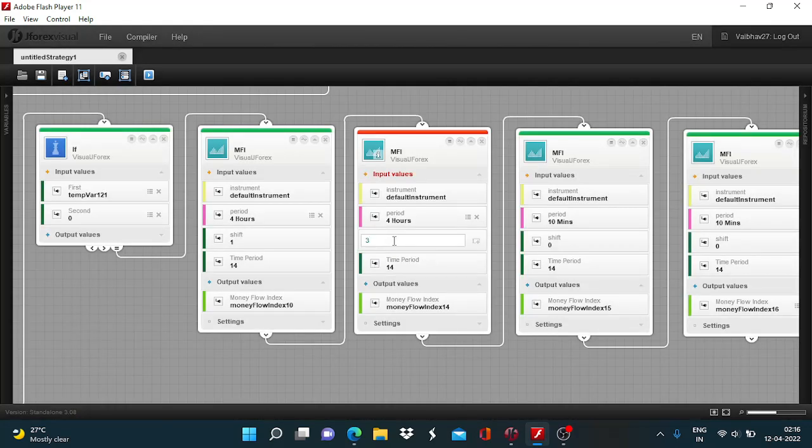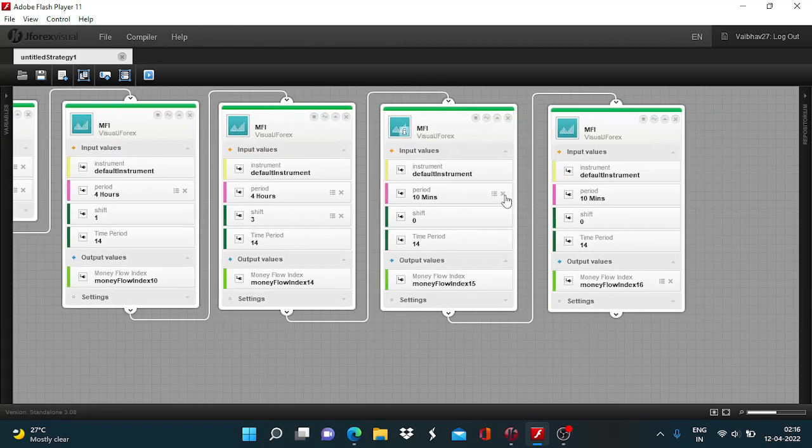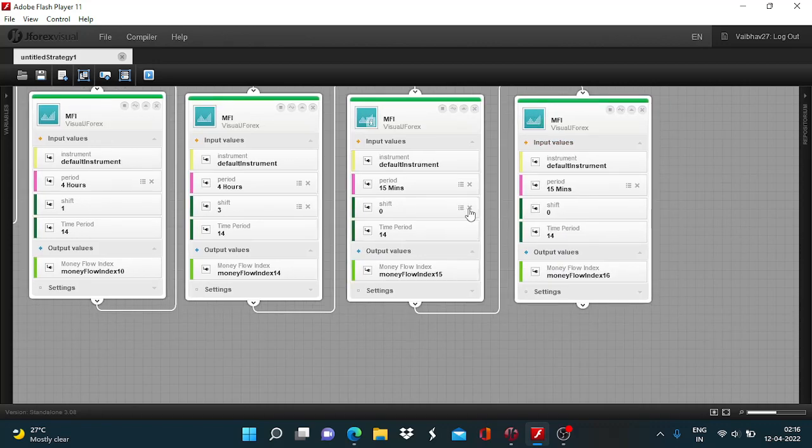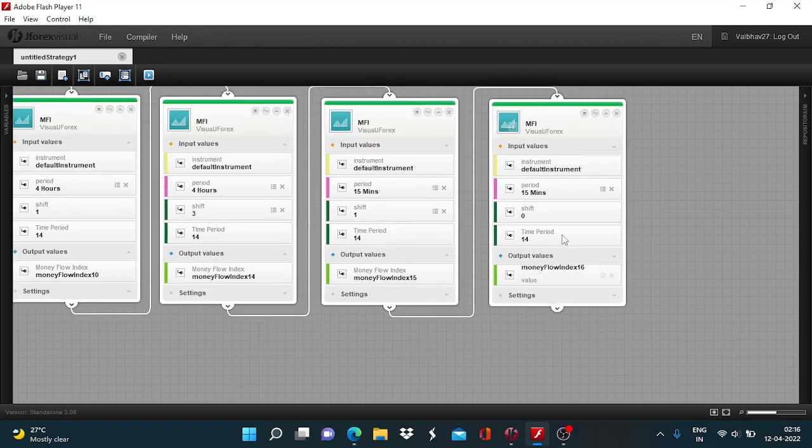Look back period of 3. This one of 15 minutes. And shift values will be 1 and 2 respectively, to look at the last two 15-minute output values of the MFI.